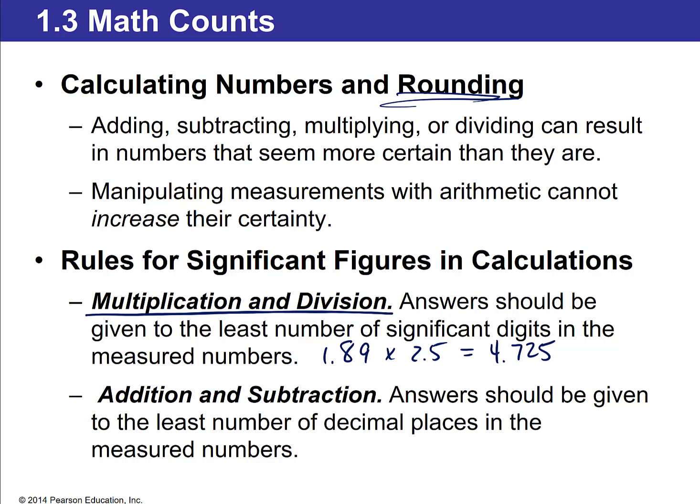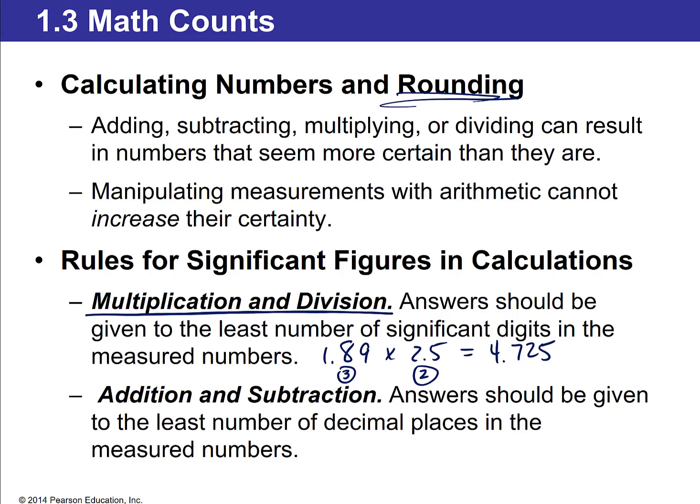So the 4, the 7, the 2, and the 5, 4 significant figures. But my problem, the first one has how many? This is 3, and this one is 2. So my answer has to have 2. So I need to round to the smallest number of significant figures in my problem. Otherwise, it's like I'm making my number more exact than the measurements themselves.